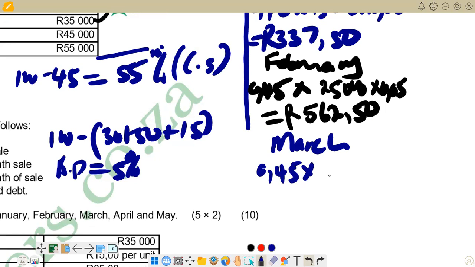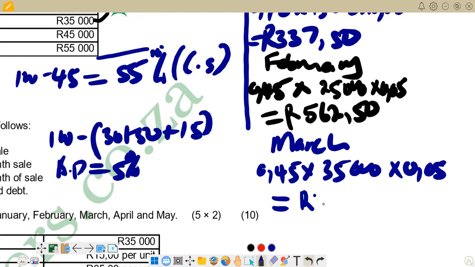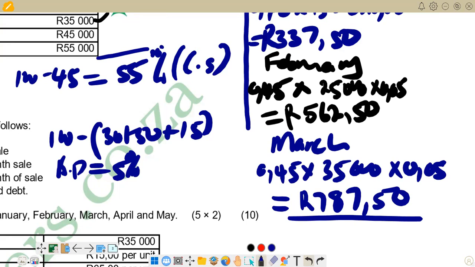We multiply by the figure that we have for March, which is 35,000. And obviously, the answer now we multiply by 0.05, which is the component for bad debt. So if you calculate that one, for March, we are supposed to get 787.50, 787 rand and 50 cents. So that's what we have in terms of March.